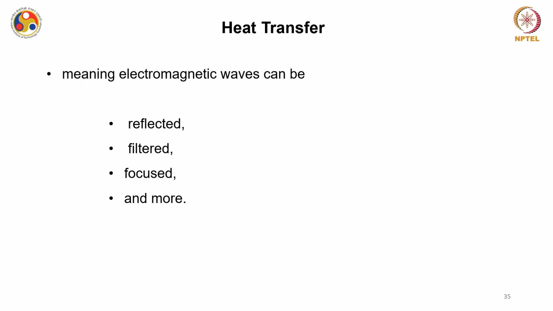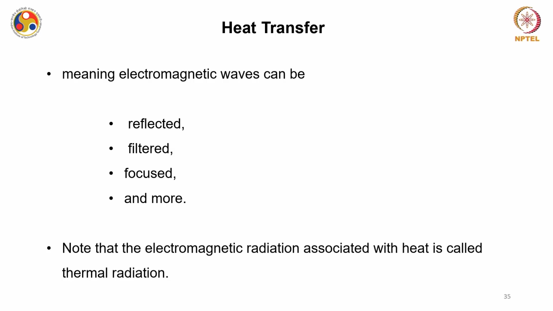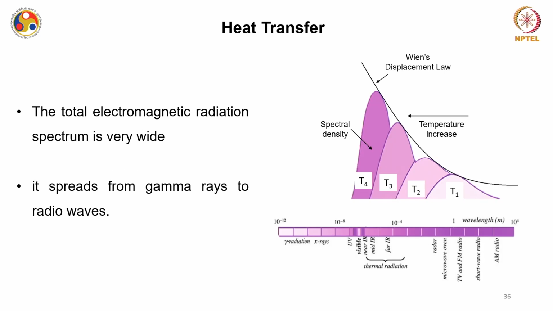This means that everything that can happen to other waves like photons can happen to this electromagnetic wave: it can be reflected, it can be filtered, it can be focused, and many more operations can be done on it. Please note that the electromagnetic radiation associated with heat is called thermal radiation. So thermal radiation is also a type of electromagnetic radiation, and wherever we are discussing thermal radiation, we are also discussing electromagnetic radiation.